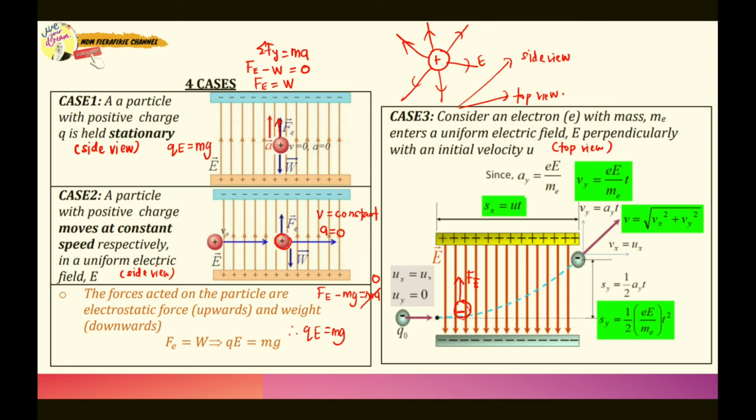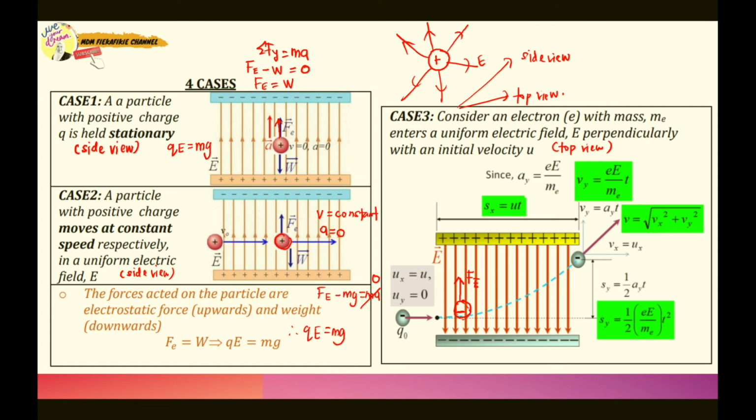You have to imagine you are looking from above. Therefore, the electron moves towards the left direction, and the direction of W is into the page.